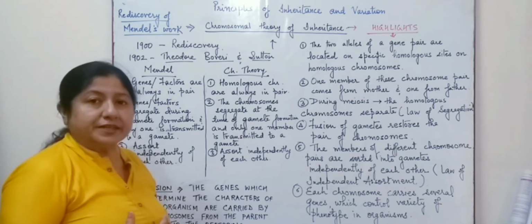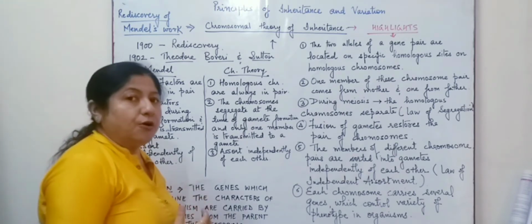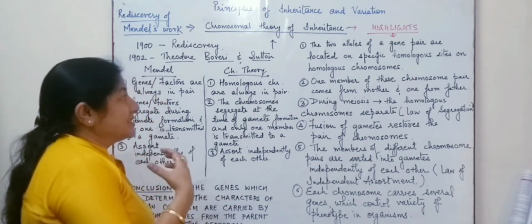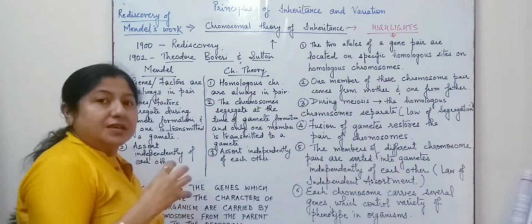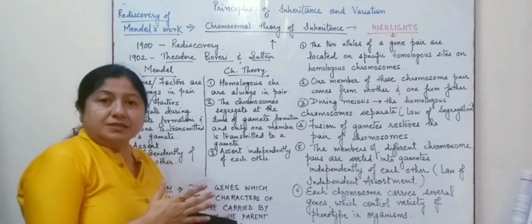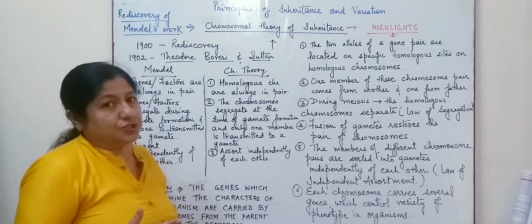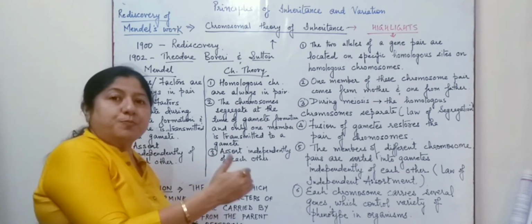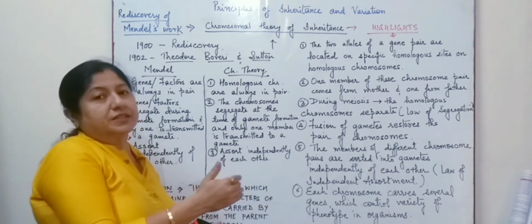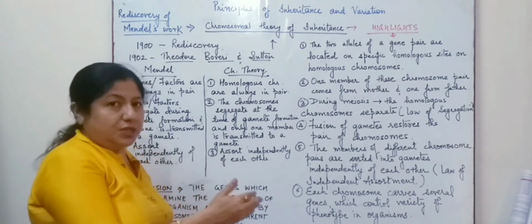The chromosomal theory of inheritance was based upon the fact that the chromosomes are the structures that take part in gamete formation, and how the trait is passed from one generation to the other.